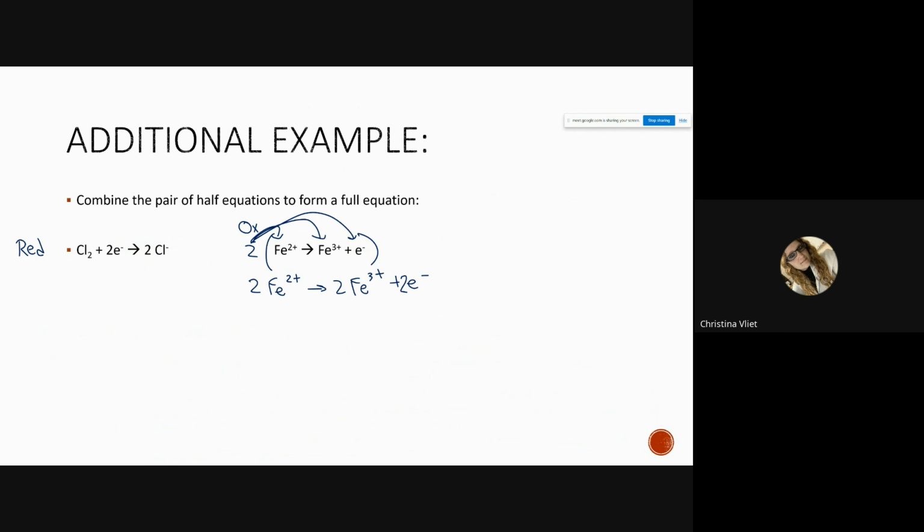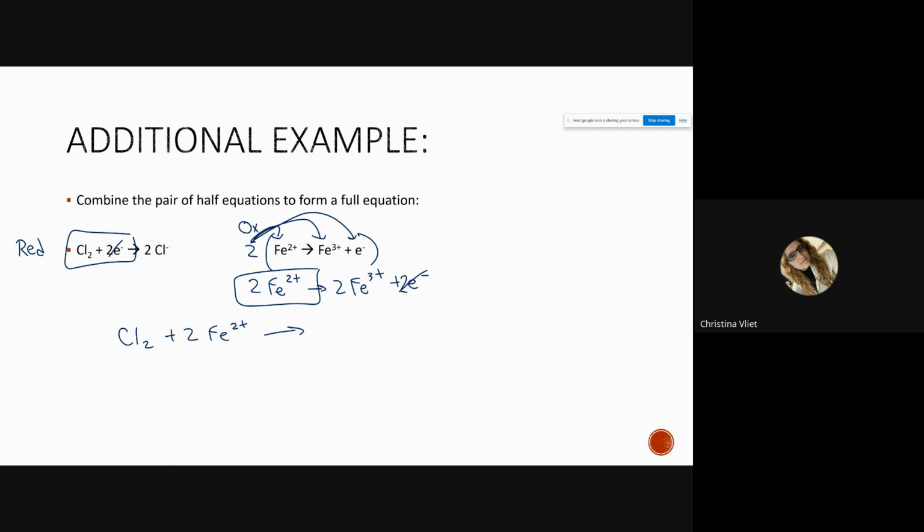Just be careful. So then here, I write all of what's on my reactant side and all of what's on my product side except I cancel the electrons. You should show that you cancel the electrons because only once the electrons cancel should you be able to combine your half equations together. And so you get Cl2 plus 2Fe2+ for the reactant side.